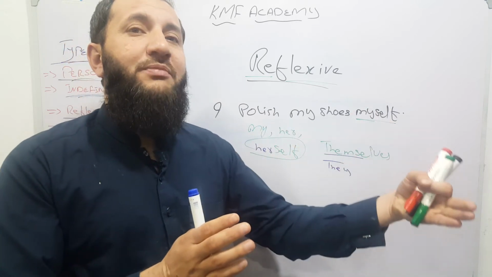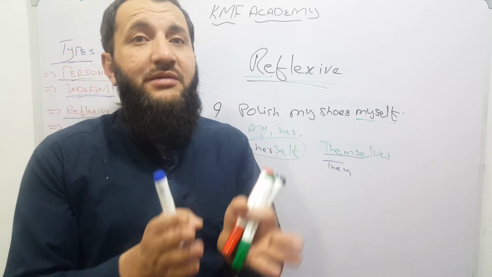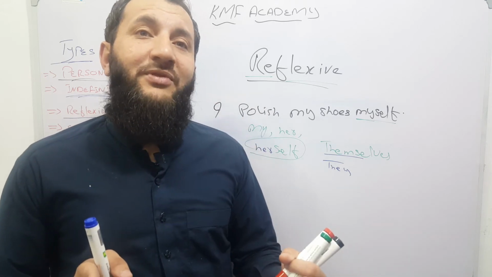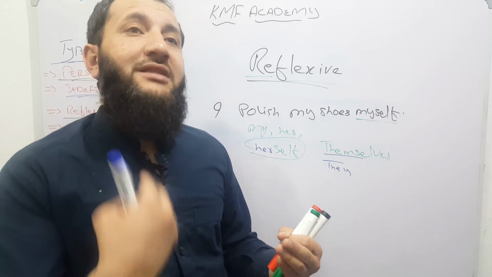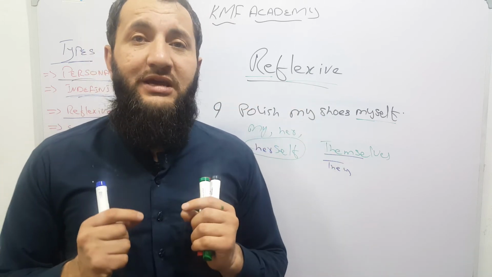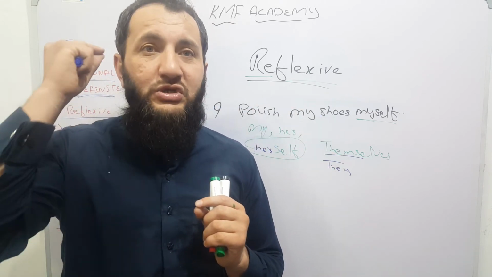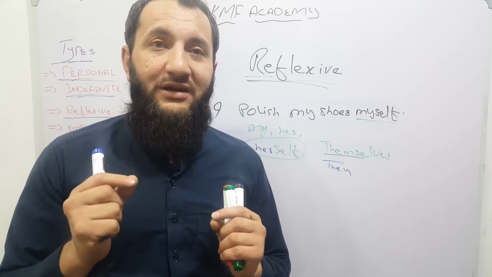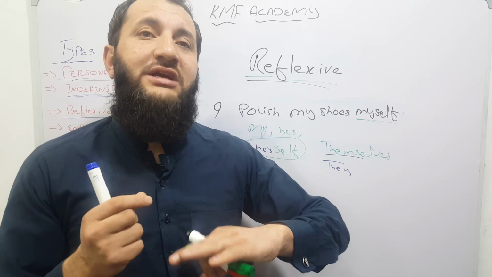They may be indefinite pronouns. In some cases they become indefinite adjectives, and in many other cases they would become many other terms. So what you need to get, what you need to clinch is the concept of the word, where the word is used in which sense.